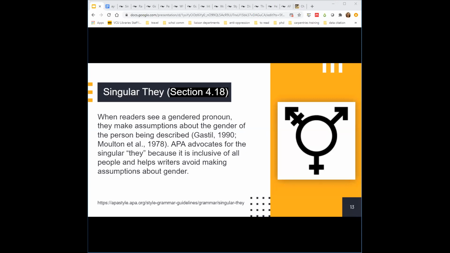Do not use he or she alone as generic third-person singular pronouns. Use combination forms such as he or she or he only if you know that these pronouns match the people being described. So he or she is not inclusive enough.